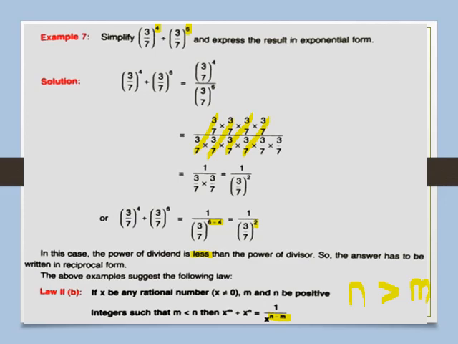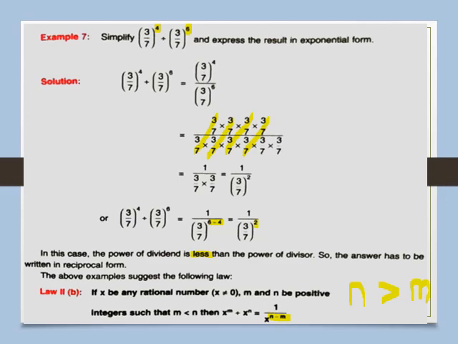Now if you do this in the exponents or powers form, we will have to write it in the denominator straight, that is 6 minus 4. So it is 1 upon 3 upon 7 raised to the power 2, but now it is in the denominator, not in the numerator. So in this case the power of the dividend is less than the power of the divisor, so the answer has to be written in reciprocal form.